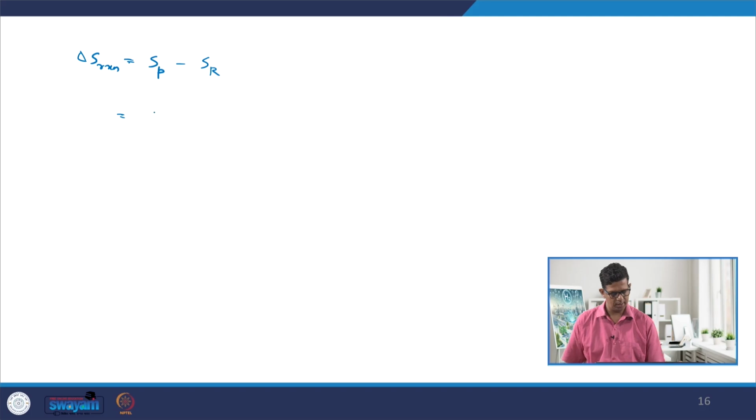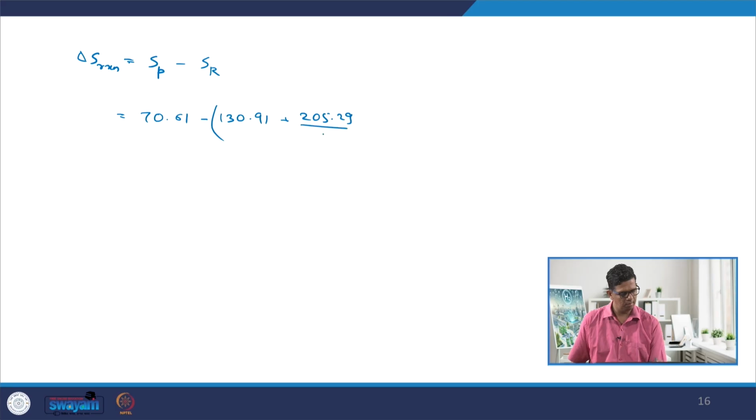The entropy of products is water, which is 70.61, minus 130.91 in brackets for hydrogen, and for oxygen it is plus 205.29 by 2. Let us solve this. This comes close to minus 162.94 joules per mole per Kelvin. So, this is the entropy of the reaction.